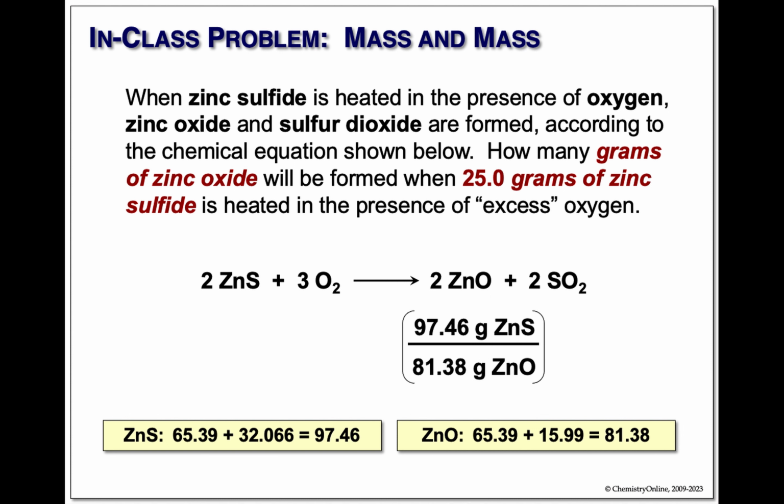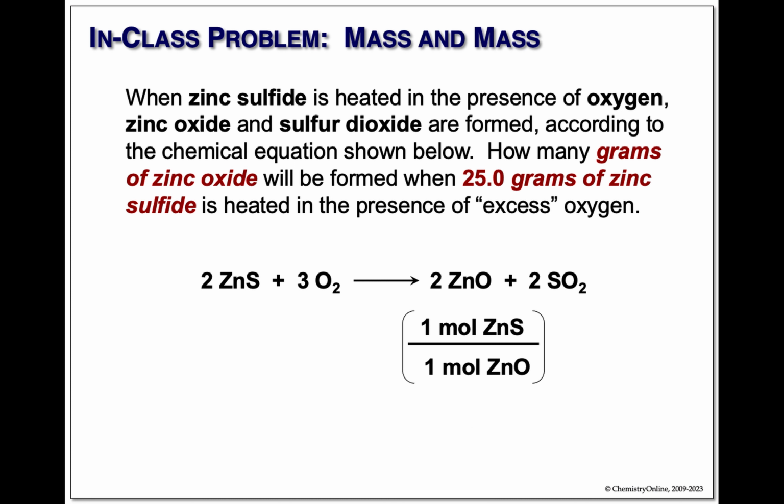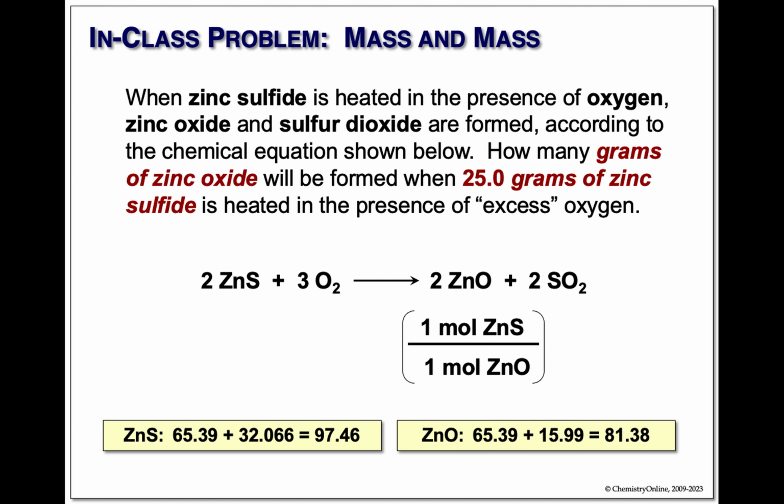Oh, sorry, I forgot a step, didn't I? So here's our mole ratio. But we want everything in terms of mass, don't we? So let's convert our mole ratio to masses. And for that, we need the 2 molar masses. 1 mole of zinc sulfide is 97 grams. 1 mole of zinc oxide is 81 grams.